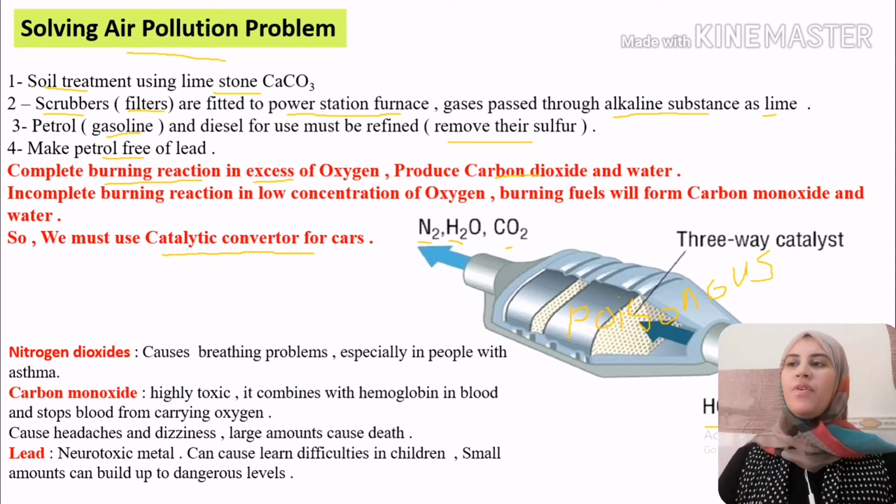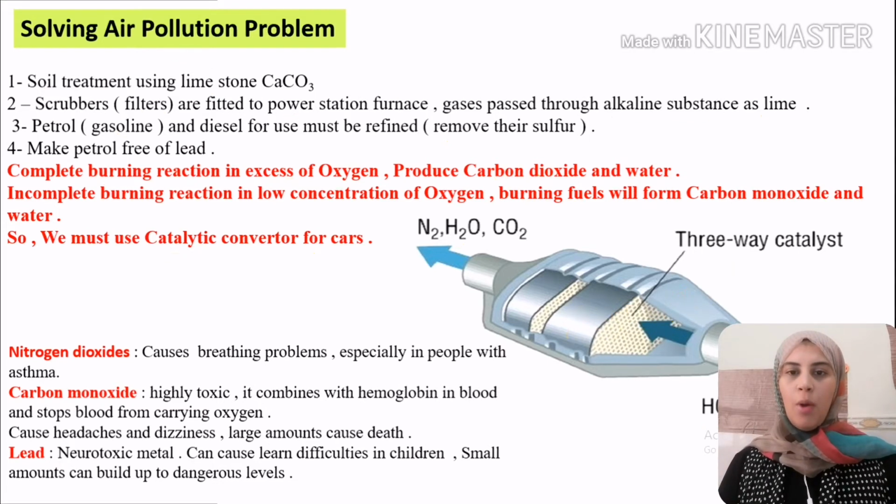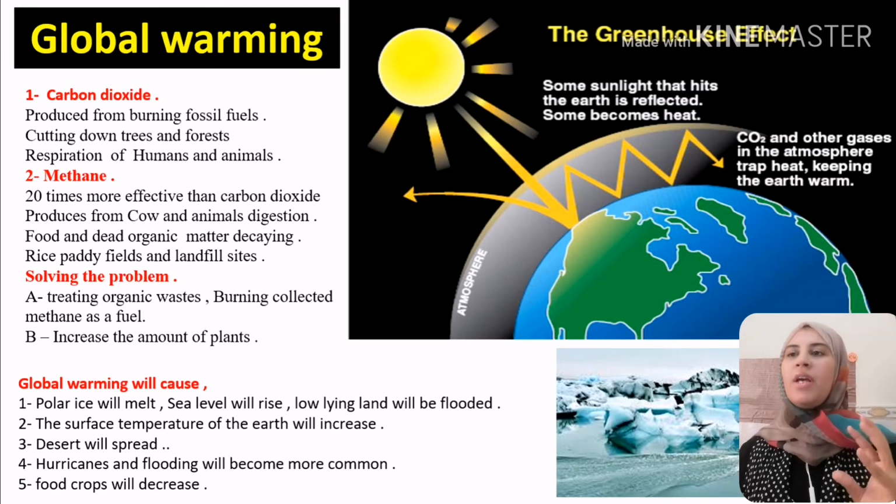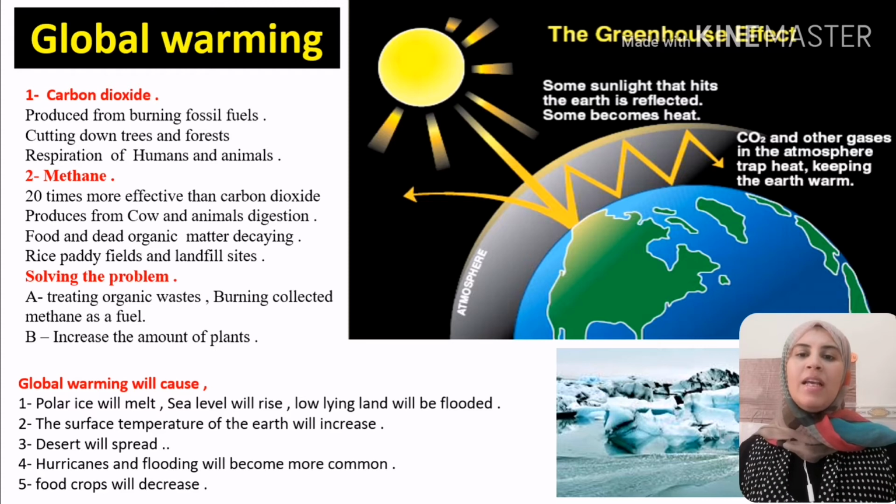Now we will transfer to the next topic, global warming. Global warming is a main topic. In general, the sun is the main source of energy on the earth. Our earth is surrounded by atmosphere.